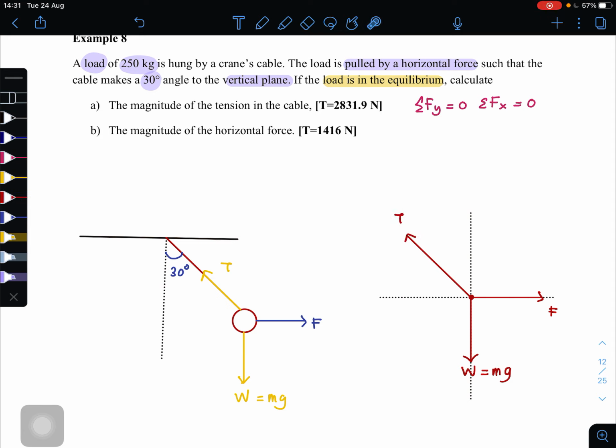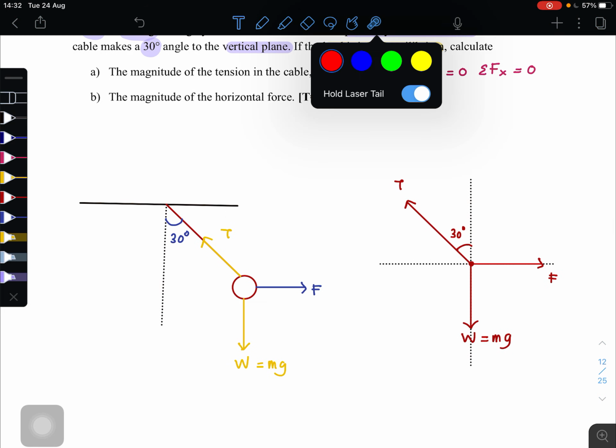Okay, so now the angle here, actually it is like this, the angle here will be equal to the angle here. So the 30 degrees is actually here, because if we do it like this, we know the angle here will be the same as the angle here. Okay, so that is our FBD.